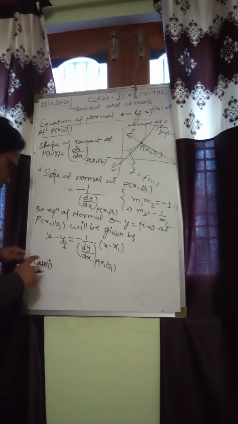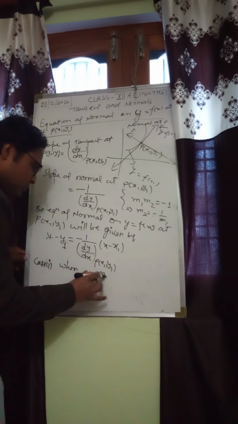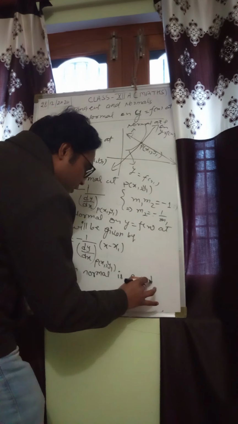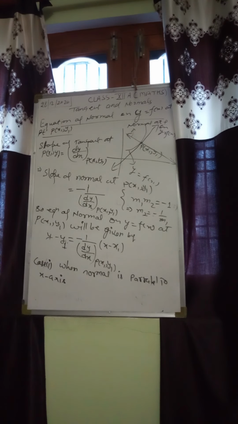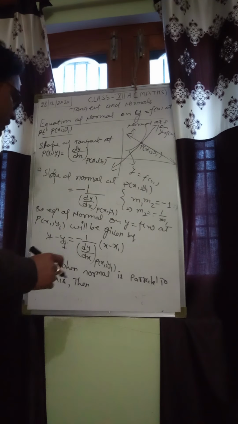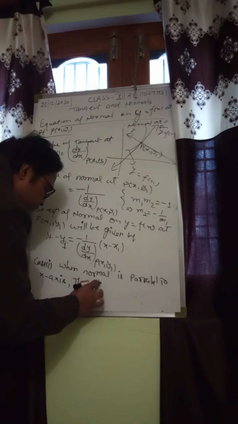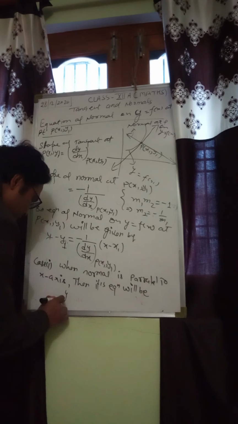Case first, when normal is parallel to the x-axis, then clearly in that case its slope will be equal to 0, and its equation will be y is equal to y1.